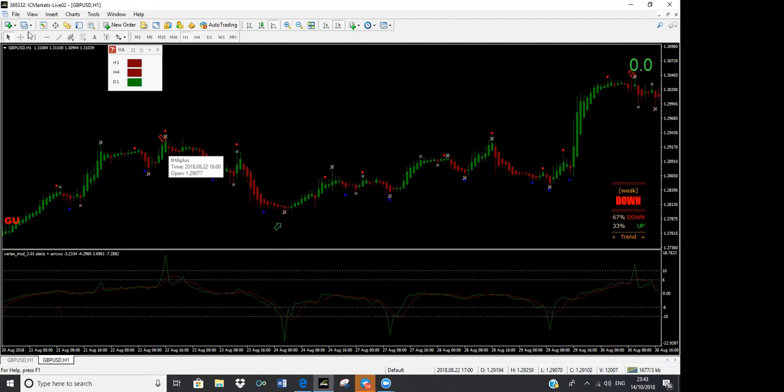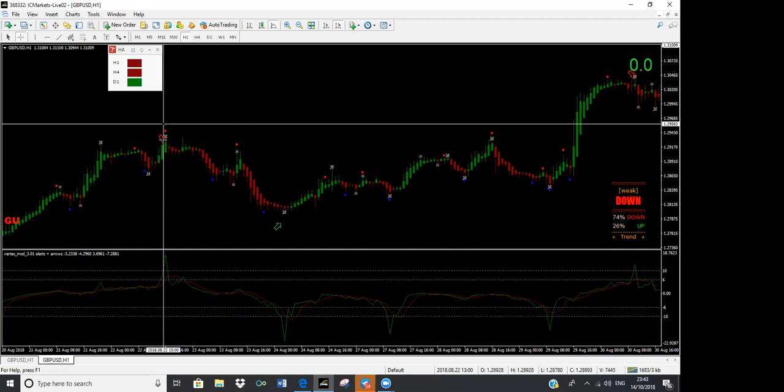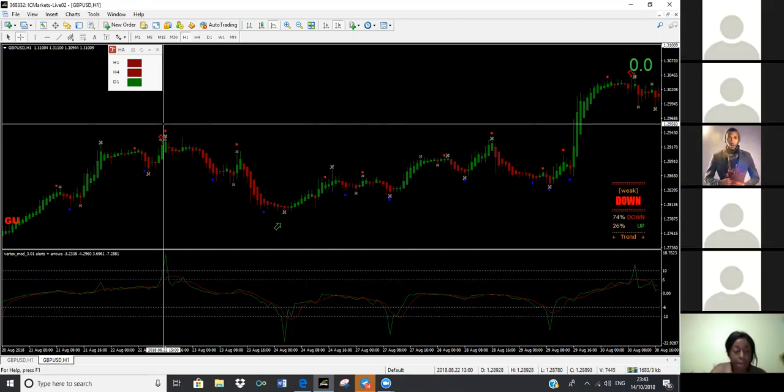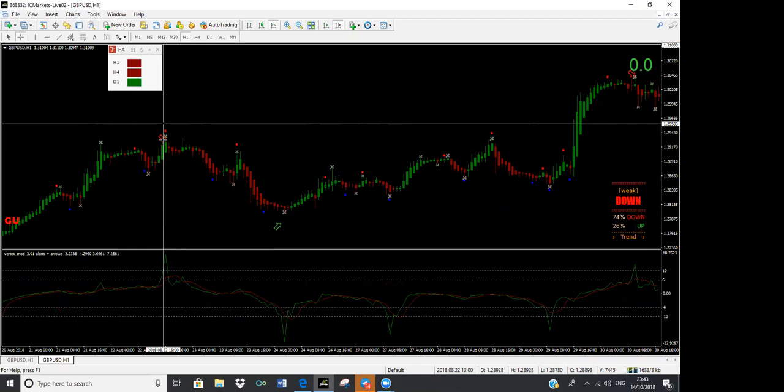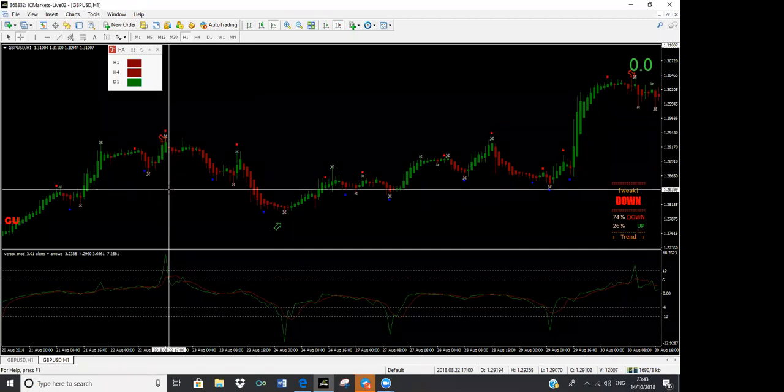It's simple as that. So in this case, you first want to look for the arrow pointing down. The second thing you want to look for is the cross and the red dots above the candle, and look at the vertex. The vertex crosses exactly at the next candle.